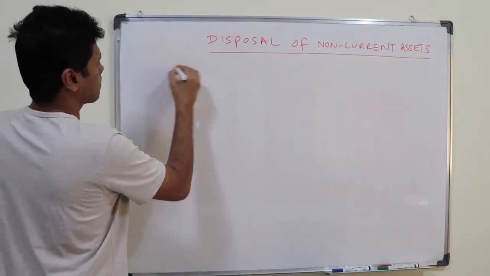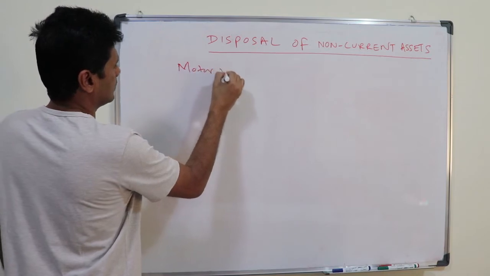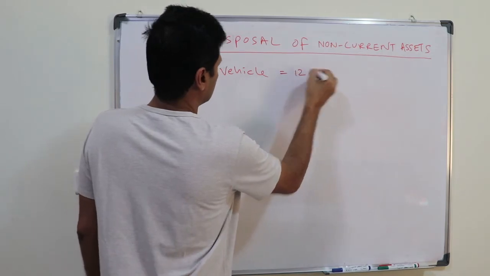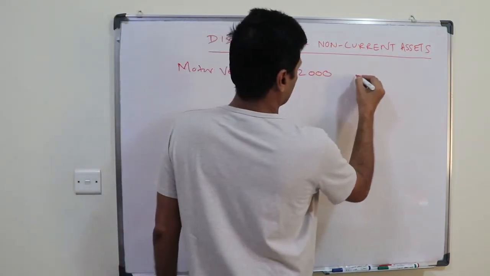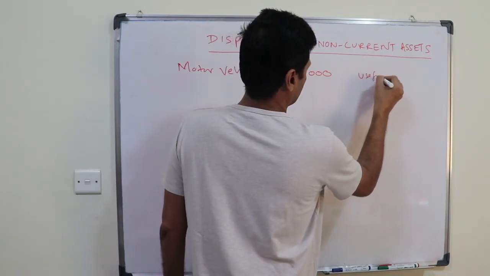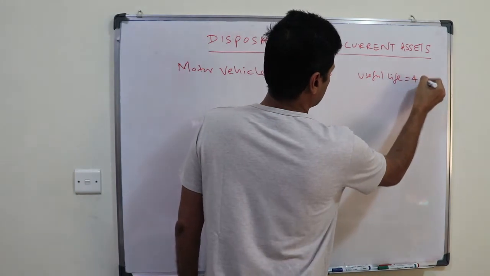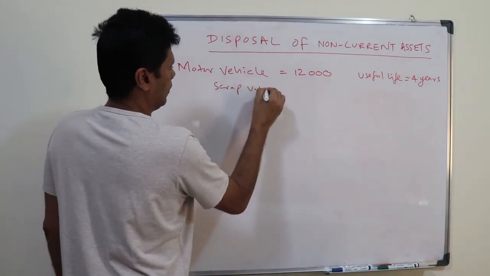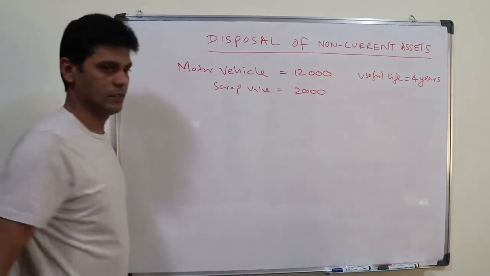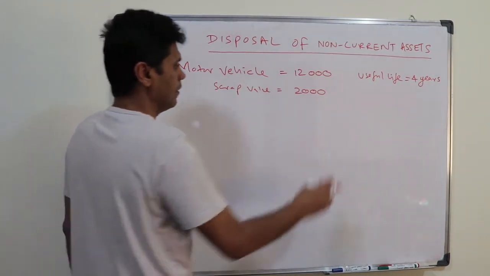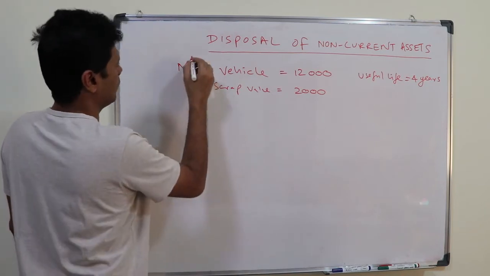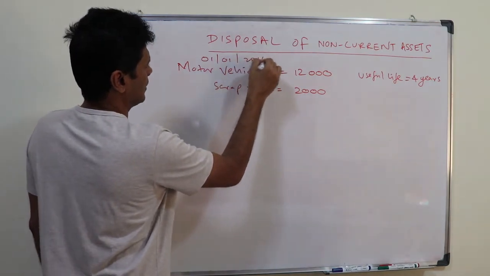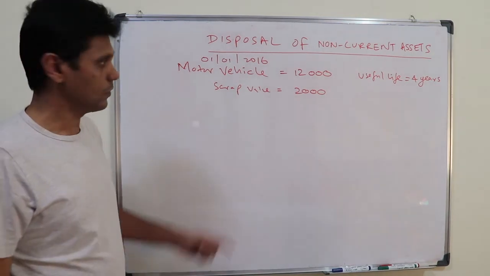Let's say the motor vehicle cost is 12,000 pounds, the useful life is 4 years, with a scrap value of 2,000, and this motor vehicle was purchased on 1st January 2016.